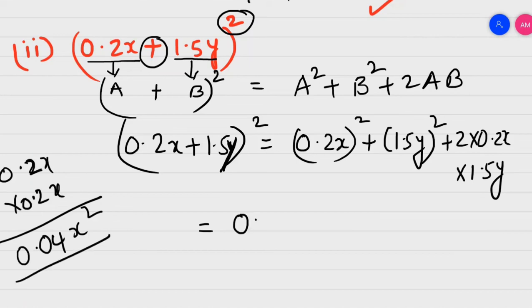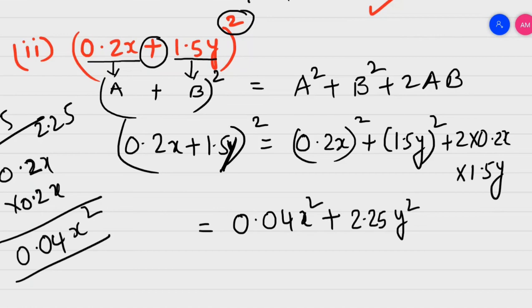So this will become 0.04x square plus (1.5y) whole square. You are getting y square, but 15 into 15 is 225, and the point will come after two digits from the back, so 2.25y square.